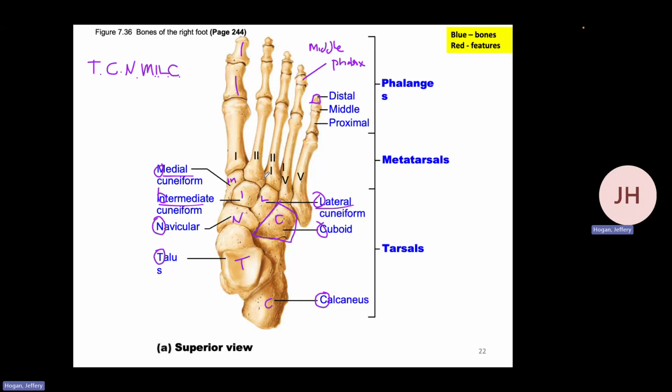And then what digit is it? 1, 2, 3, 4. Middle phalanx 4. If I point here, this is distal phalanx 1. If I point here, that's metatarsal 3, right? So on and so forth.